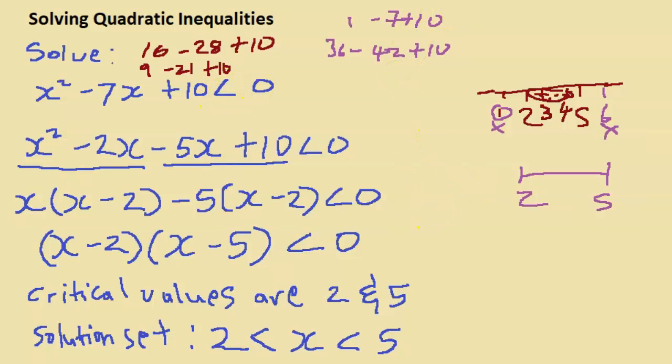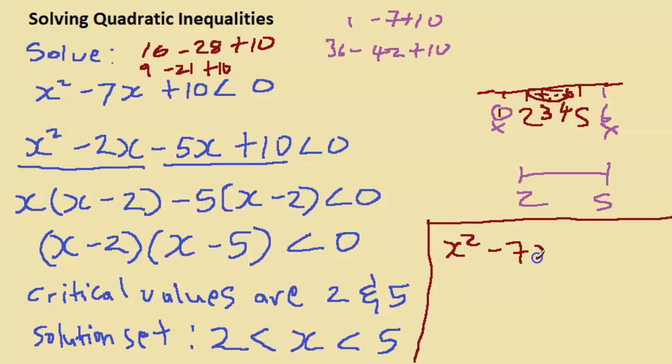Which brings me to another point now. What if we were asked to solve this inequality? Let me just separate it here. What if this was the problem: x squared minus 7x plus 10 is greater than 0?